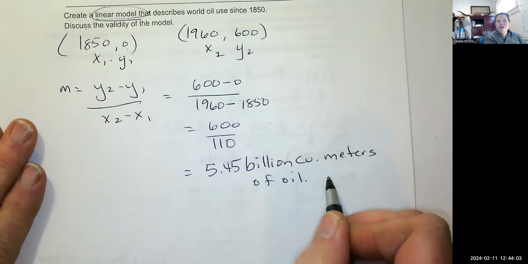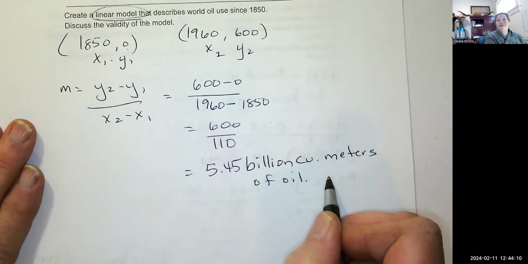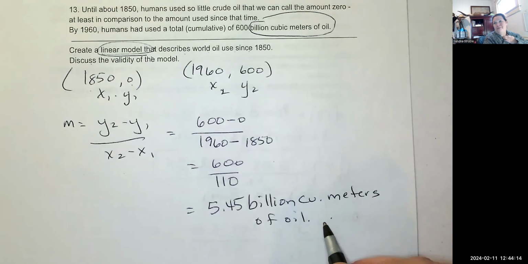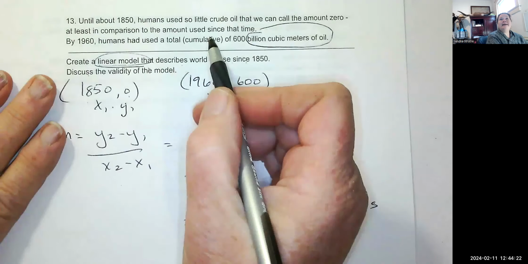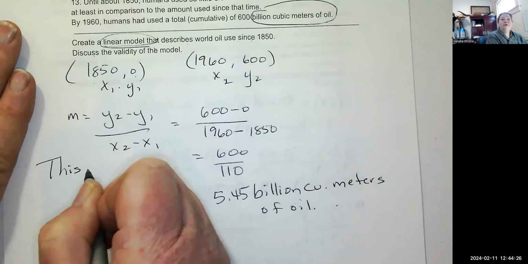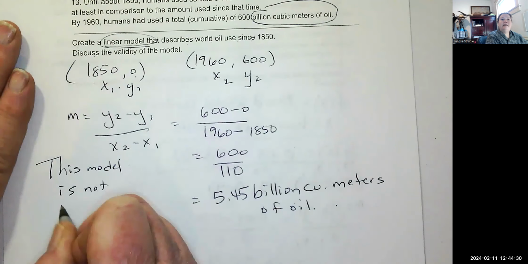We didn't have enough cars for that. There was not a surge in car purchases or availability over that 1 year period of time, much less every year since then. So this model is not valid. I can literally say this model is not valid.